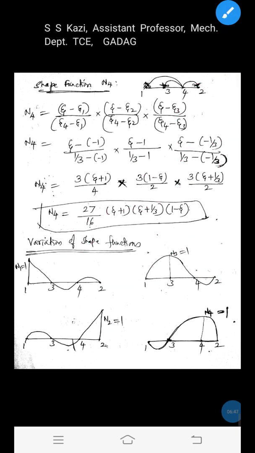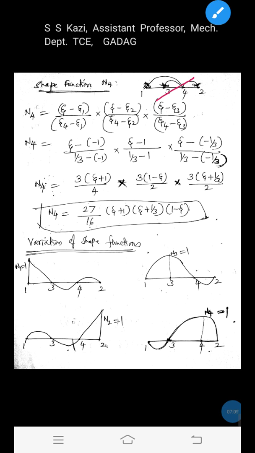Then you can write zeta i as zeta 1, zeta 2, zeta 3. Zeta minus zeta i is the numerator, and the denominator is zeta k minus zeta i, where zeta k is zeta 4, and zeta 4 minus zeta i is zeta 1, zeta 2, zeta 3.